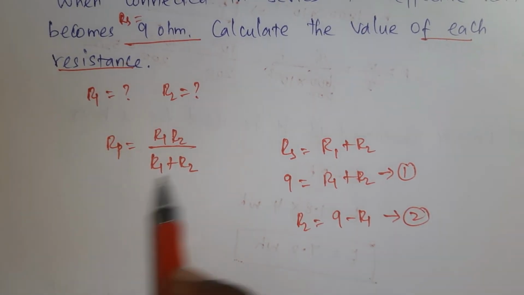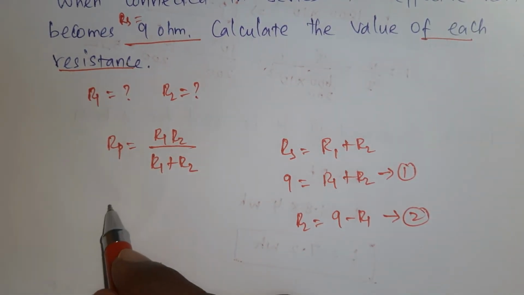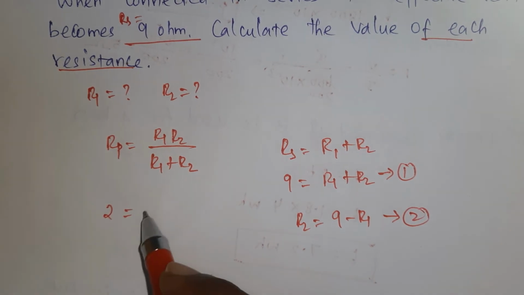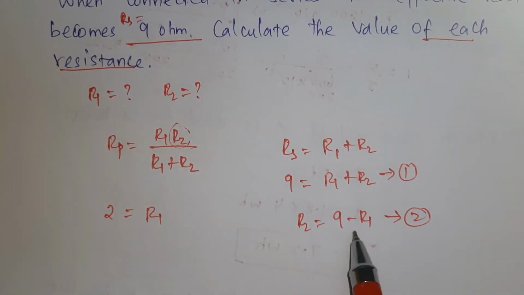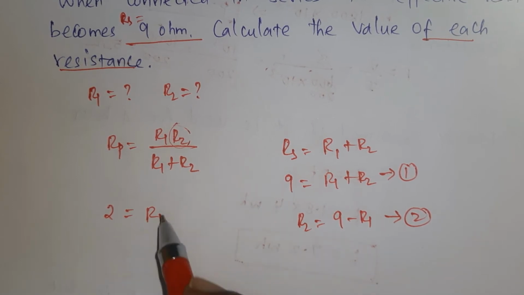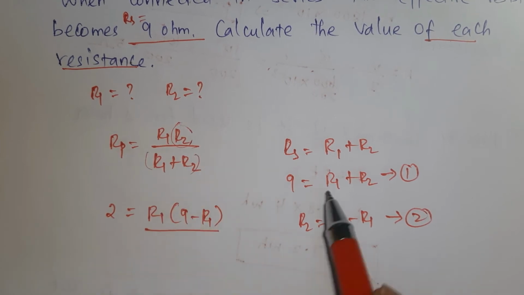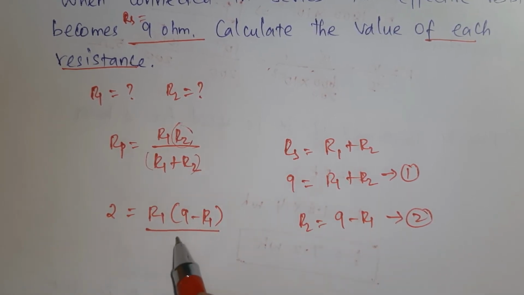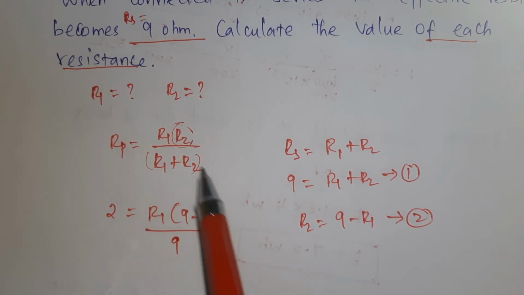Now come to this parallel circuit equation. The Rp value is 2 ohm. So substitute here: 2 = R1 times R2, and for this R2 substitute the value 9 minus R1, divided by R1 plus R2. We know that 9, so here we used equation 2, and here we used equation 1.